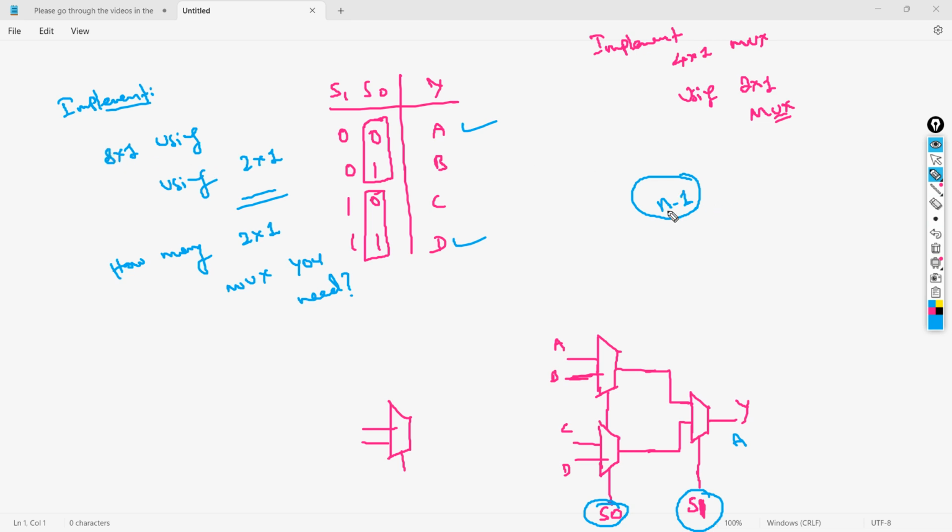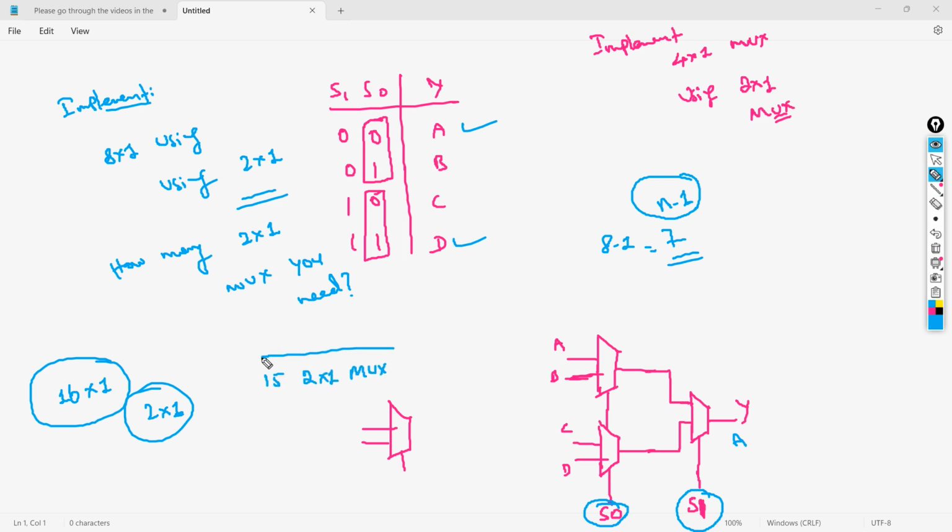So n minus 1 2 cross 1 muxes that you need. In this case, 8 minus 1, which is 7 2 cross 1 muxes you need. And then you may come across 16 cross 1 mux implementation using 2 cross 1. In this case, we need 15 2 cross 1 muxes. That's the basic thing.